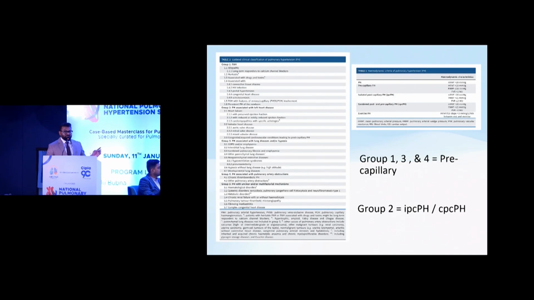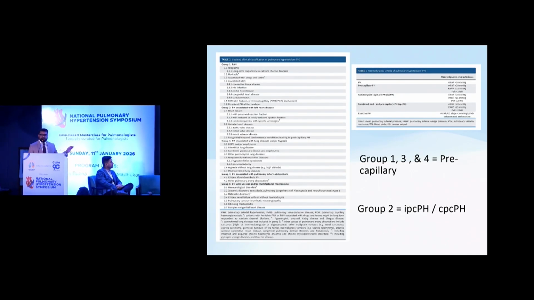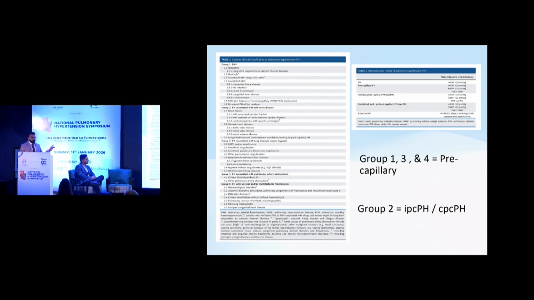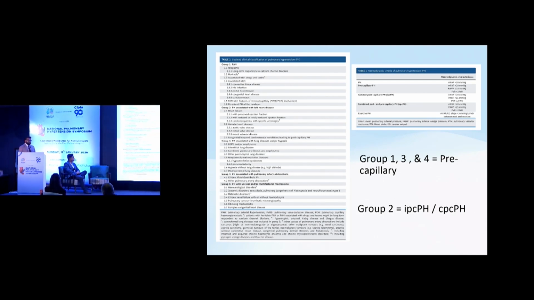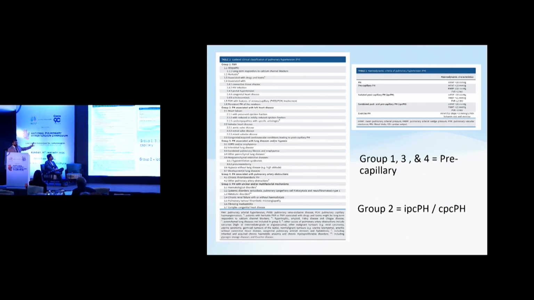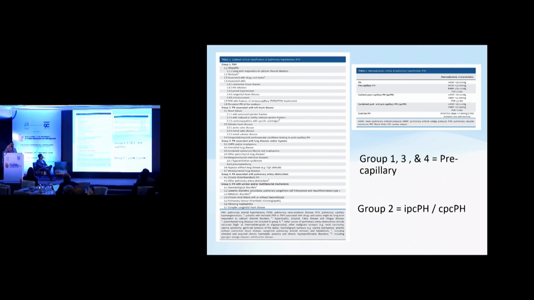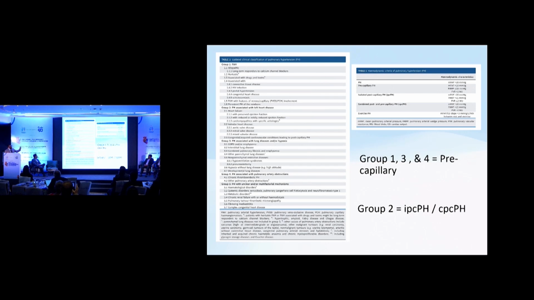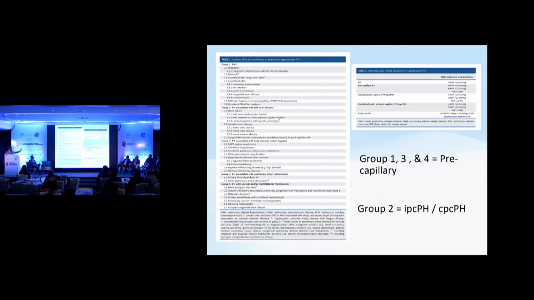So with this framework, which has been put forward before us by Dr. Sujit Rajan sir also, if you see on your left-hand side, we have the clinical classification of the pH. On your right-hand side, you see the hemodynamic subtyping. It looks so simple.